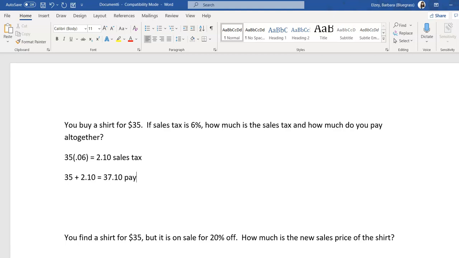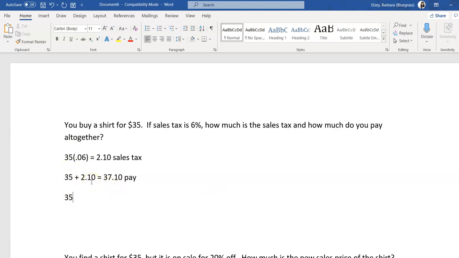All right, now there is a shortcut here if we're just looking for how much we pay altogether. I want you to notice that this 35 right here is really 100% of 35, and 100% as a decimal is 1, right? And then our 2.10 is really 35 times 0.06.